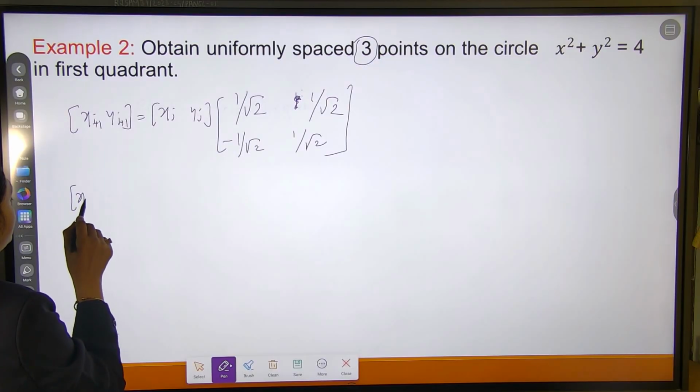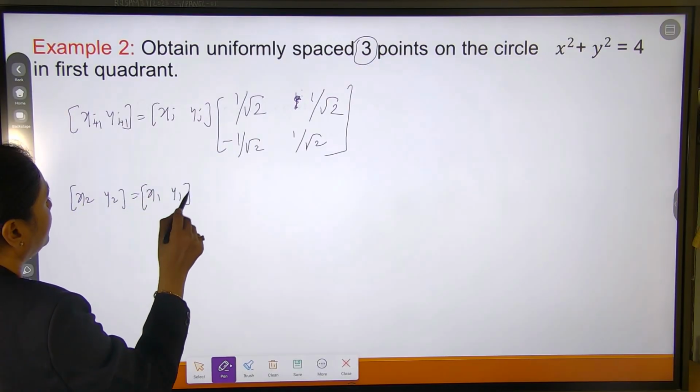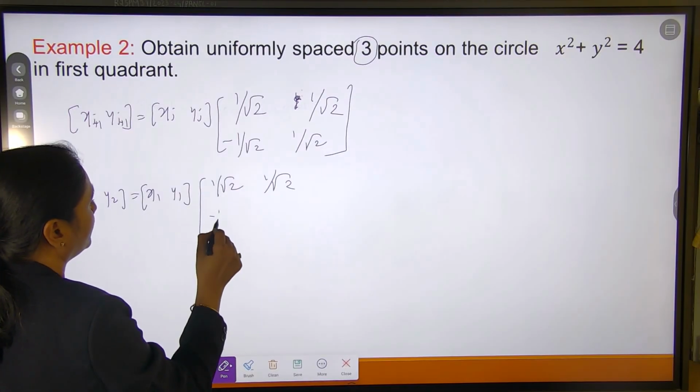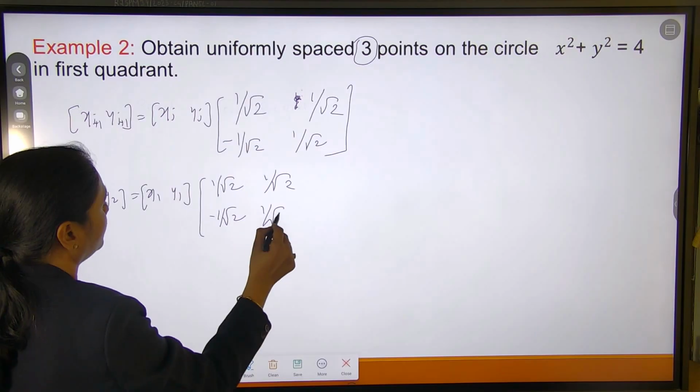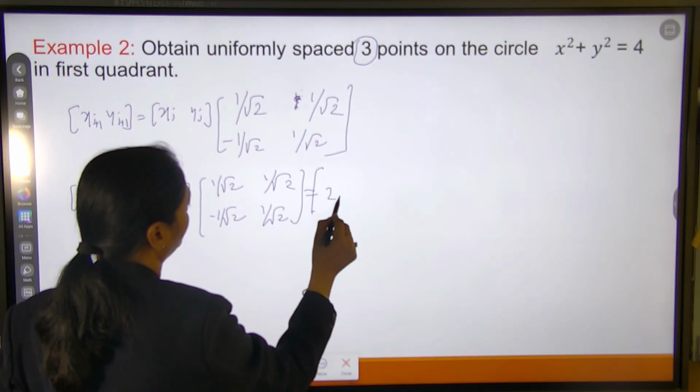So x2 y2 is equal to x1 y1 into 1 upon root 2, 1 upon root 2, minus 1 upon root 2 and 1 upon root 2. And x1 y1 is 2, 0.